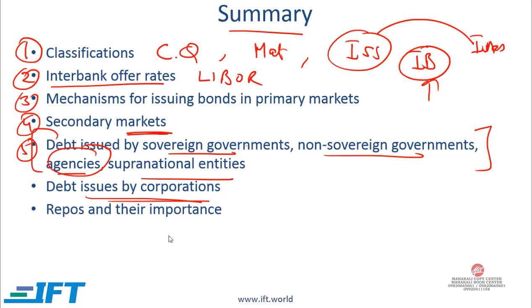A repo or repurchase agreement involves the sale of a security, which is the collateral, with a simultaneous agreement by the seller, who is also the borrower, to buy the same security back from the purchaser at an agreed on price in the future. This is effectively like collateralized borrowing. You need to understand repos because they are extremely common.